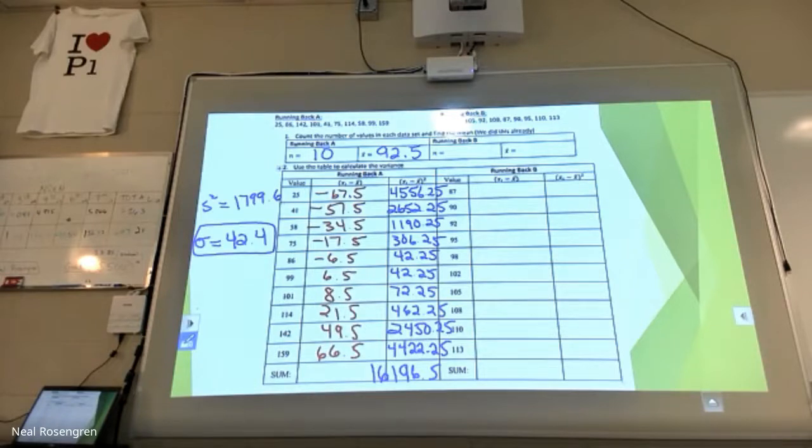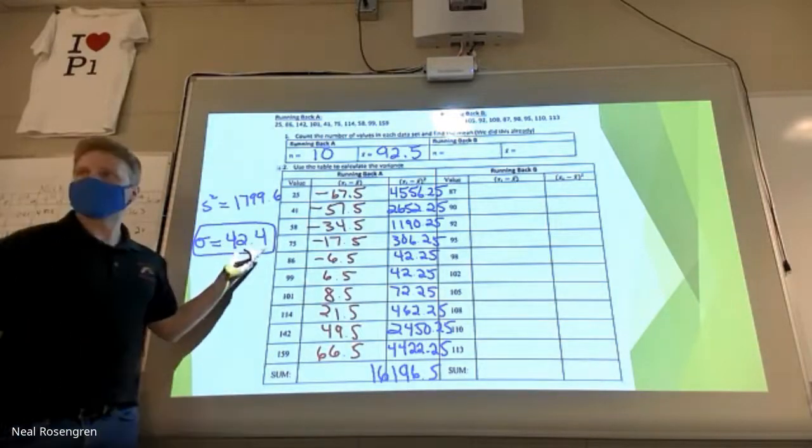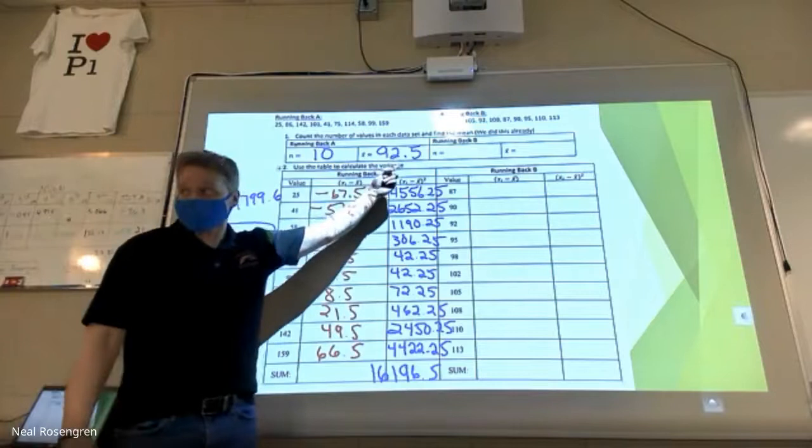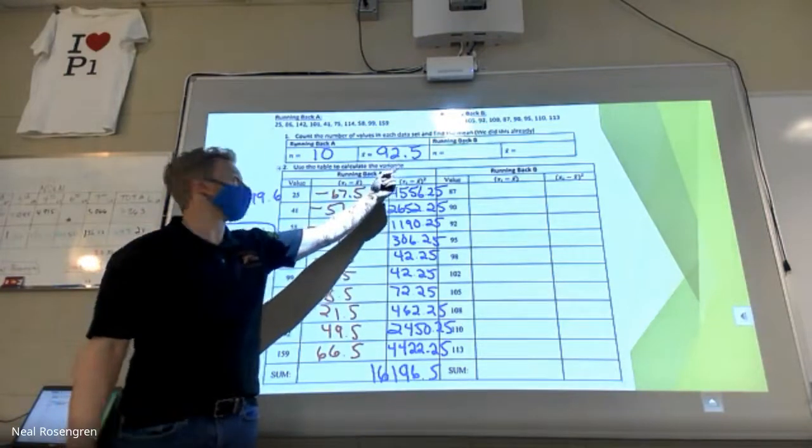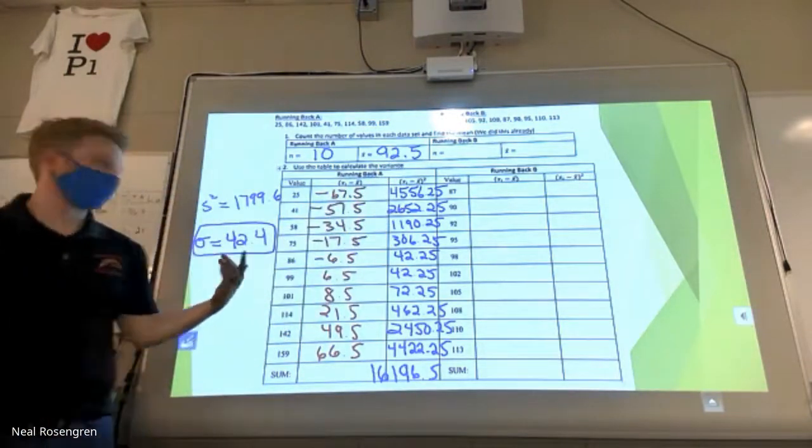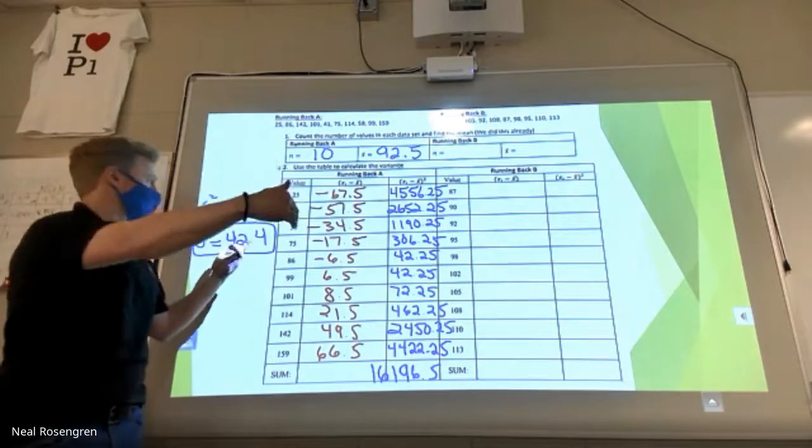And here's what that number means. Basically, if this guy has an average of 92.5, you can expect him to run anywhere between 42.4 less than that, so like 50 yards, to 42.4 more than that.